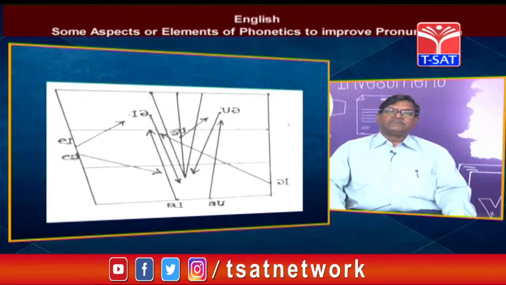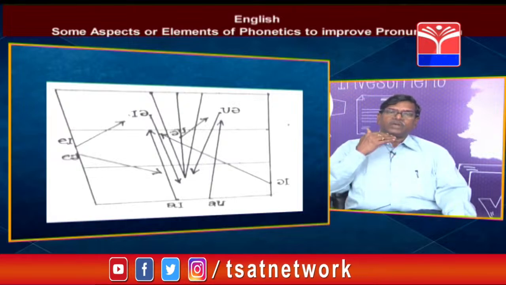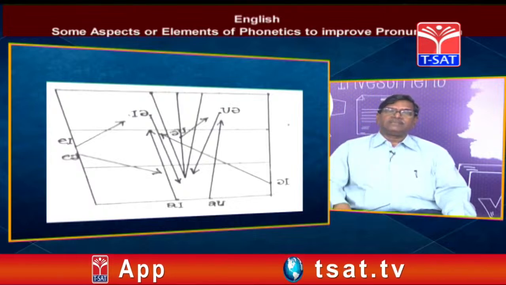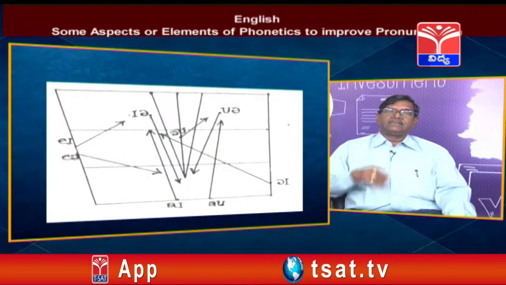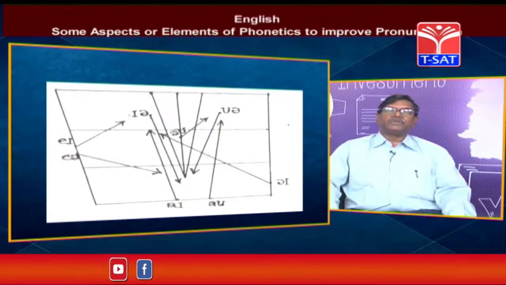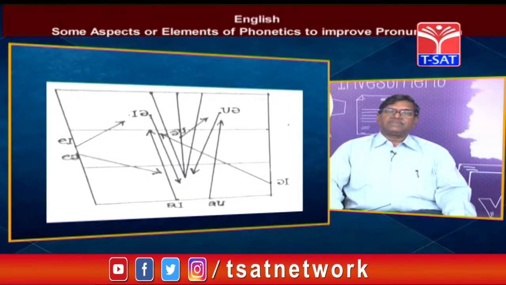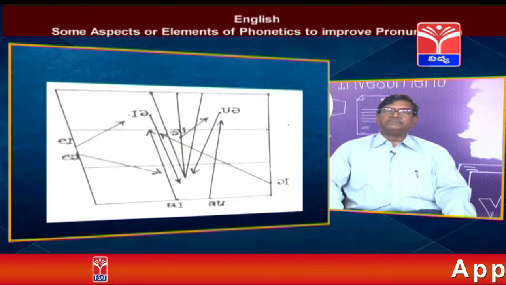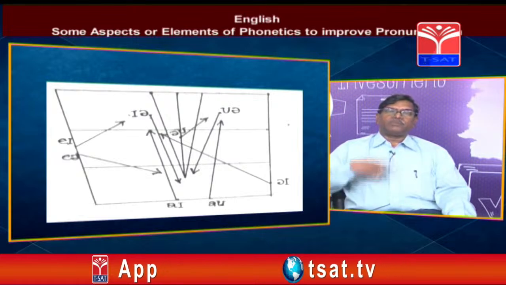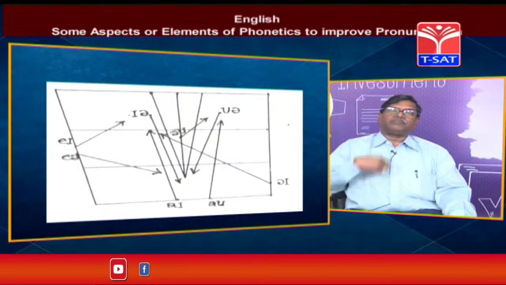Whatever portion goes up and almost closes the cavity, that is the front portion. And if the back portion of the tongue goes up, as when we utter oo, that is the back vowel.